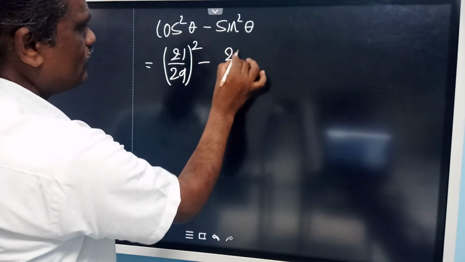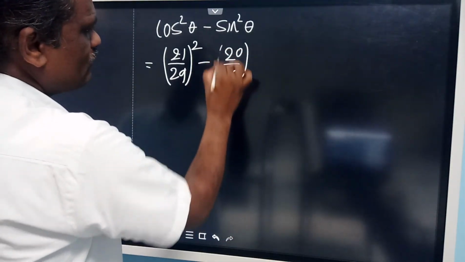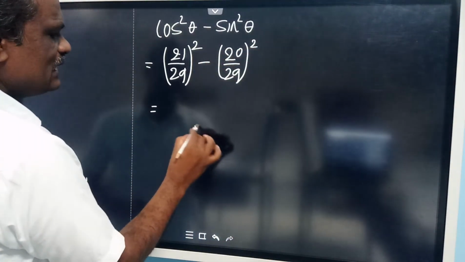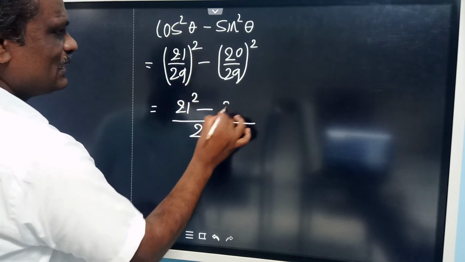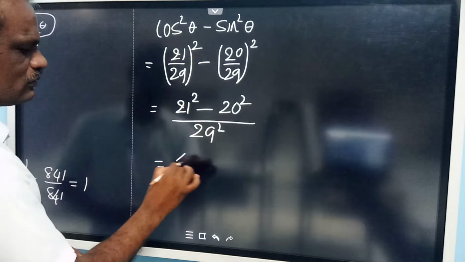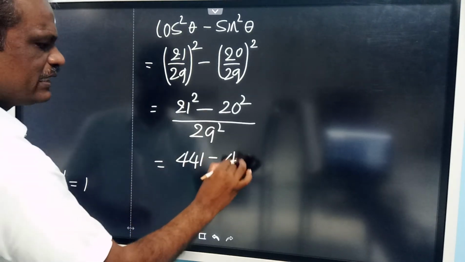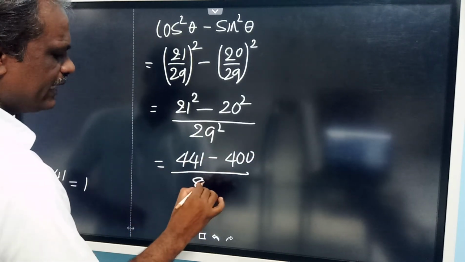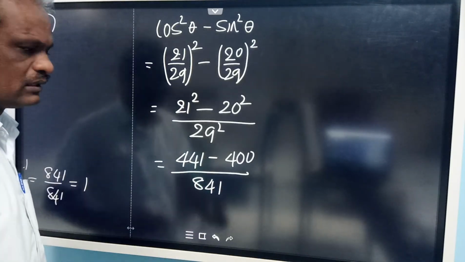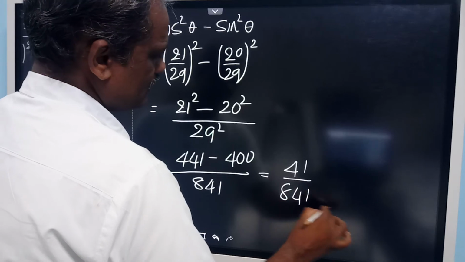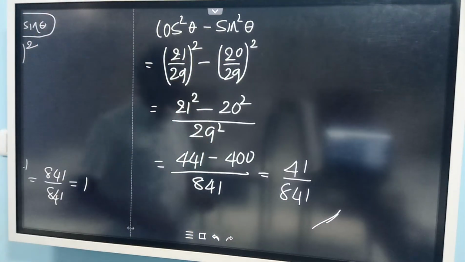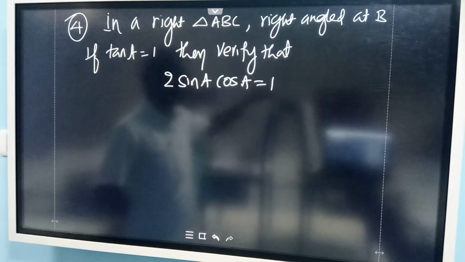The LCM here is 29 square. This will become 21 square minus 20 square, so 441 minus 400 divided by 841. So this will be 41 by 841. This is the value of cos square theta minus sin square theta.